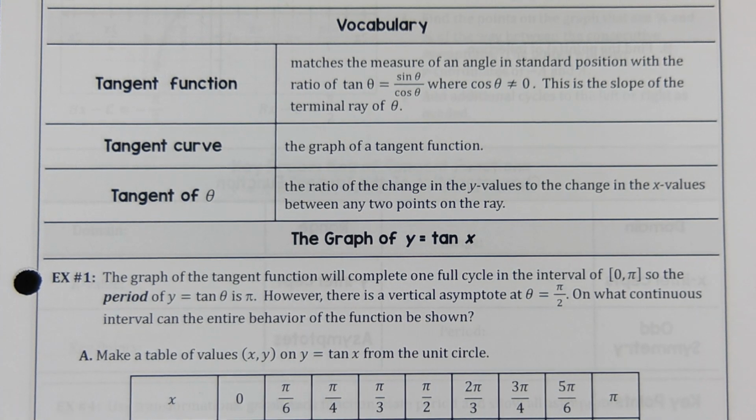So it doesn't make any sense to say its amplitude because it doesn't have a maximum or a minimum. The number on the front is literally just a stretch or a shrink. That's all it is. We also can't say the midline of tangent. The reason why is because the midline is the line that is halfway between the maximum and minimum, and since tangent has neither a maximum nor a minimum, it does not have a midline.